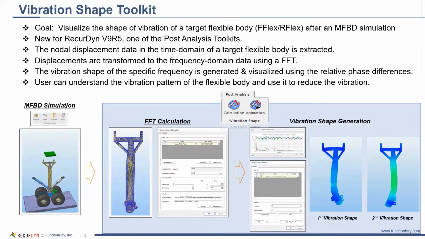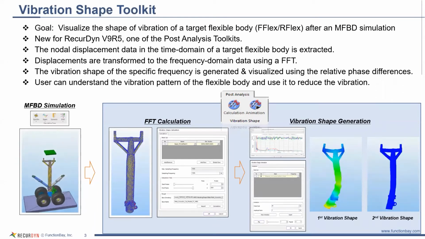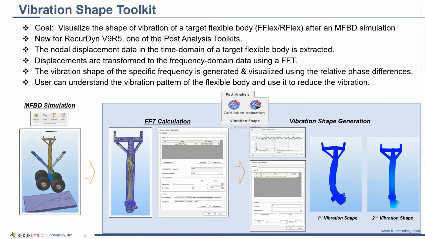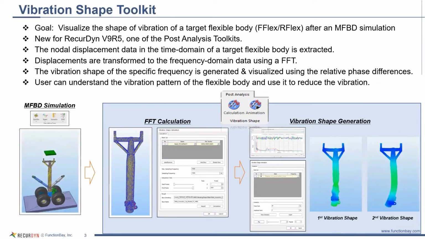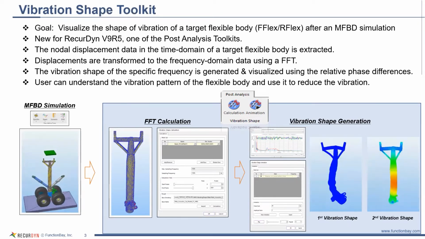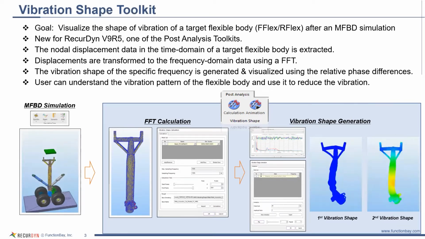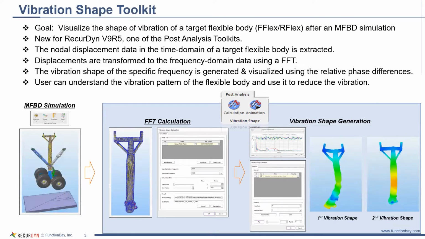This toolkit is using the node information from the target flexible body. Basically, we'll see here the displacements are transformed using an FFT into the frequency domain. Then we can take that information and view it, as we see on these animations on the right.